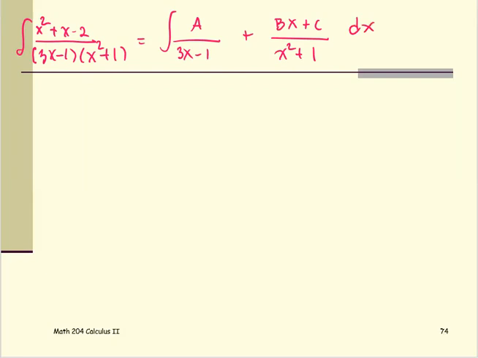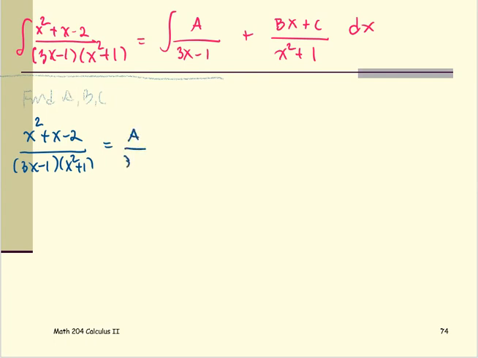In this process, we're going to find A, B, and C. This is my prep work again, and it's the same technique basically, just with a different expression. The left hand side is x squared plus x minus 2 divided by 3x minus 1 times x squared plus 1, where the right hand side is the sum of these 2 fractions.